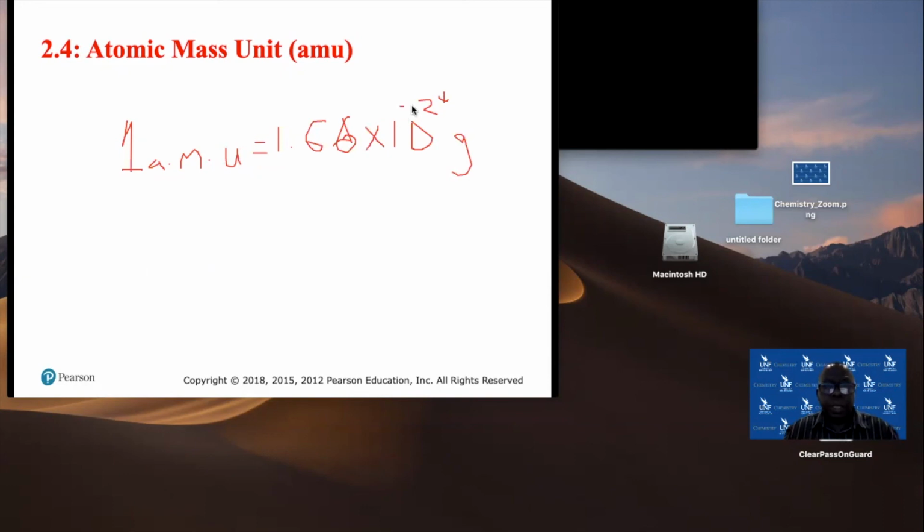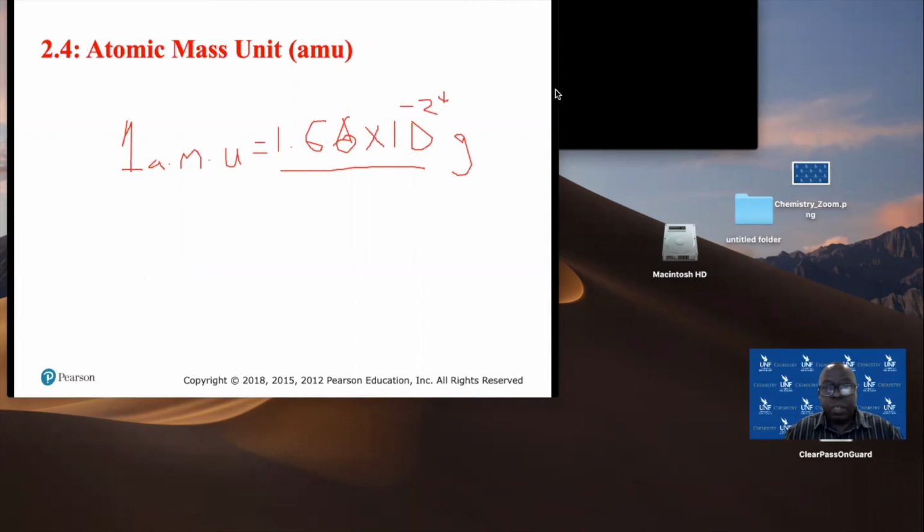That means you have to write so many zeros before you get to this number, which is why it is conveniently expressed by saying 1 AMU, and you have the mass in AMU. So it is a significantly small number that when we say 2 AMU, you know what we are talking about. Just like Avogadro's number or 1 mole. If we write 1 mole out, that means there will be so many zeros.